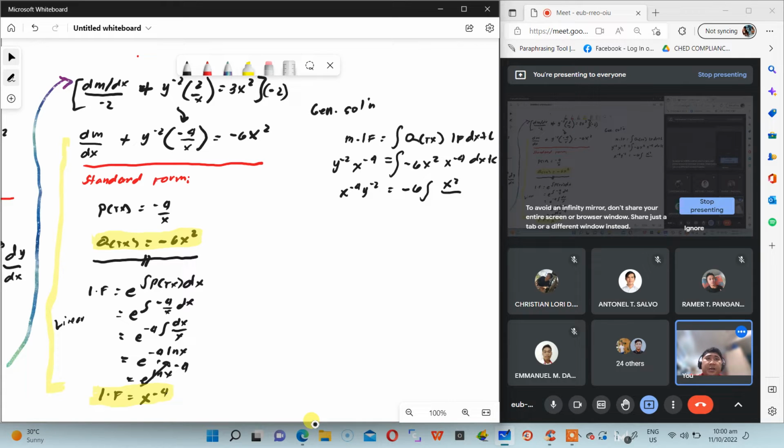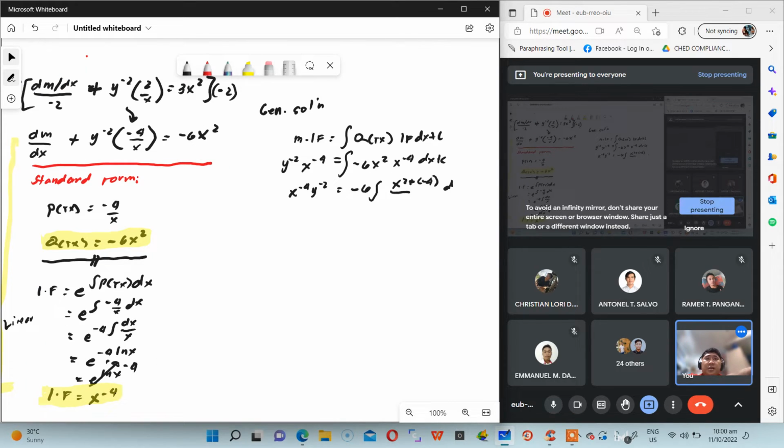The powers add, so x raised to the power of 2 plus negative 4, dx plus c. So therefore, you have x raised to the power of negative 4, y raised to the power of negative 2 equals negative 6 times x raised to the power of negative 2, plus c.